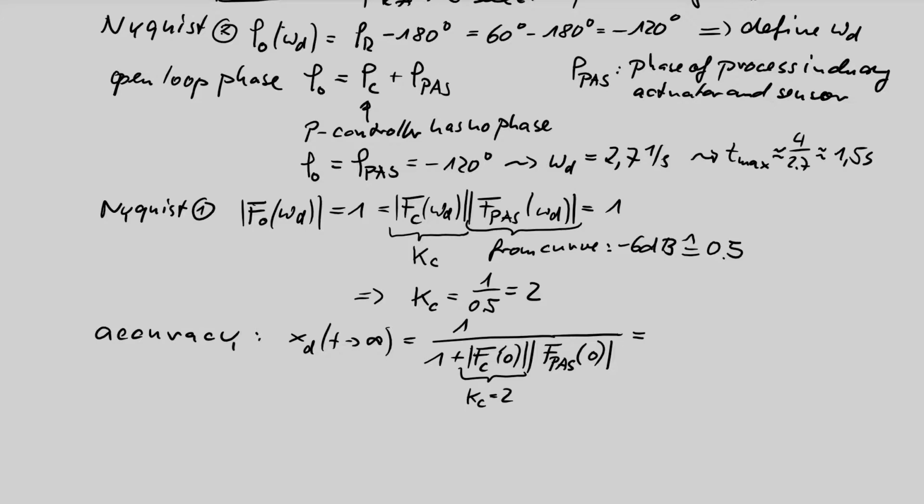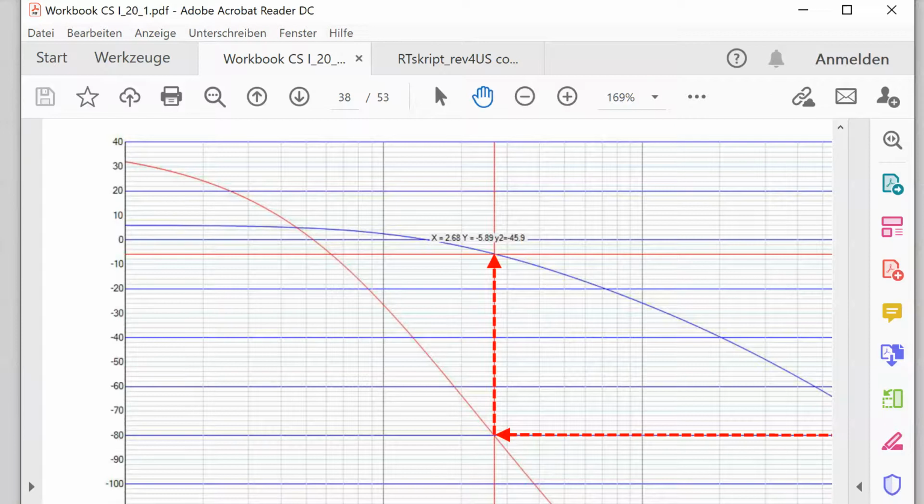How large is the open loop gain at 0? Look into the diagram. Here you have to go to small frequencies. If you have measured it, look, if this is a horizontal line, then we assume that we can approximate the 0 point.